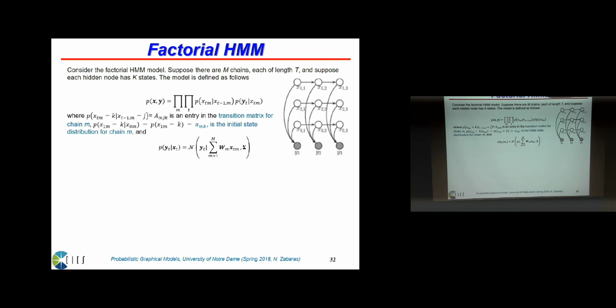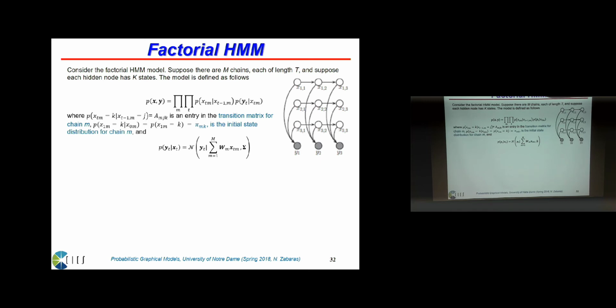The mean is now defined as a linear weighted sum of the states at this time, and the coefficients here we take to be given to start with. So the mean is some linear interpolation between the values of x for all the chains n, from n equal 1 to capital M.